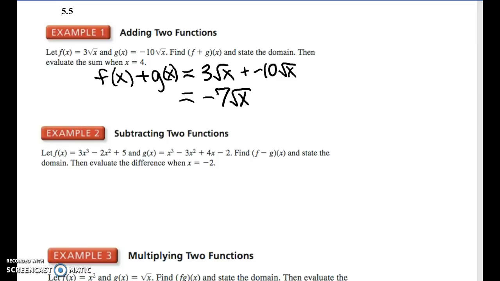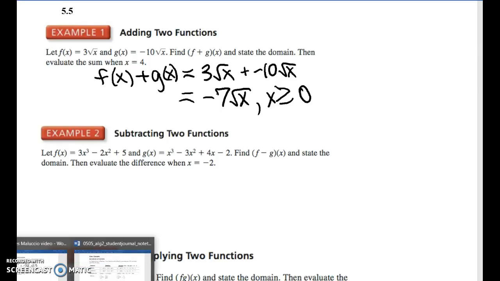We have square root, so we talked about this last week in class. If we have the square root, x has to be greater than or equal to 0. So there's our answer, and there's our domain. Then we want to evaluate when x is 4.